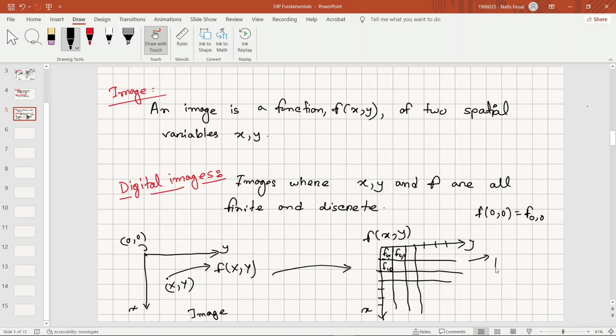So this image, let me call it capital F, can be represented like this. If there are m rows and n columns, this is an m cross n size matrix or an m cross n size image. So that's image representation.